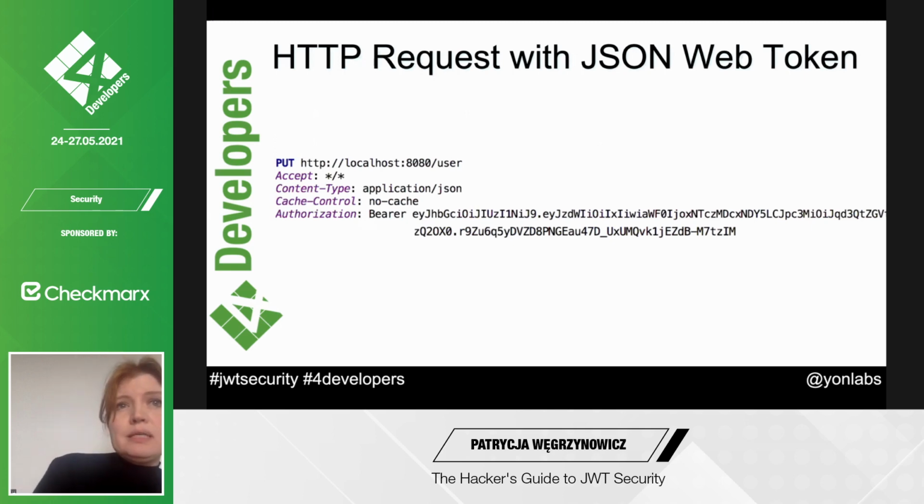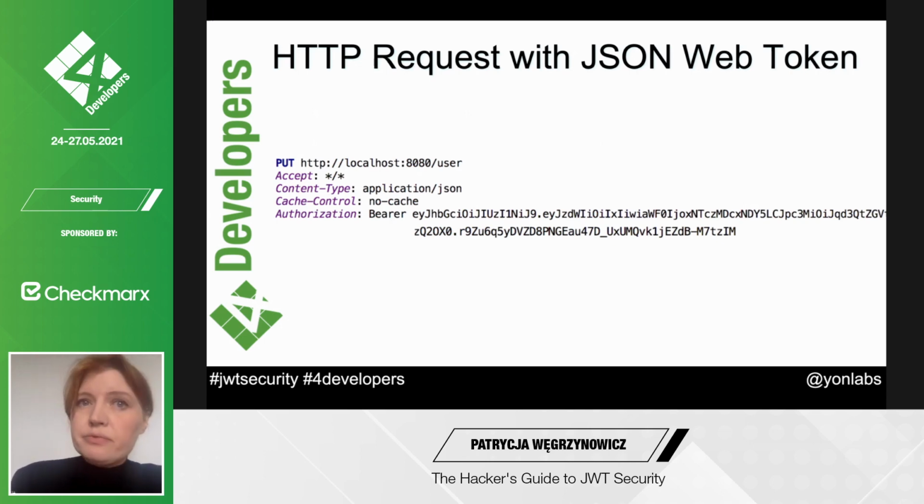JSON Web Token is generated on the server side, then it's stored on the client side, usually in the session storage. Then with each subsequent HTTP request, the token is transmitted to the server, usually as part of the authorization header.